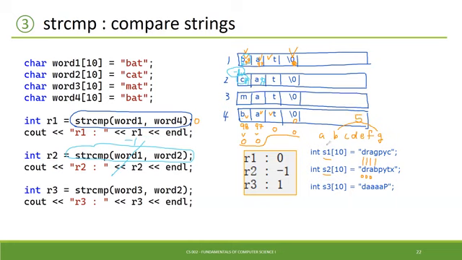So this is 97, 98, 99, 100, 101, 102, 103. There are 5 differences between B and G. So G minus B is 5.